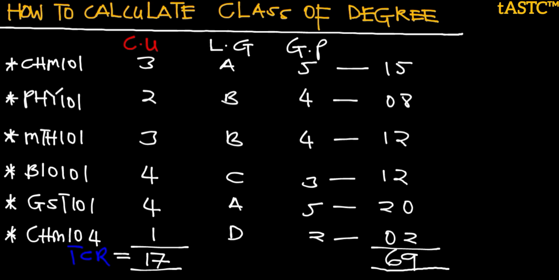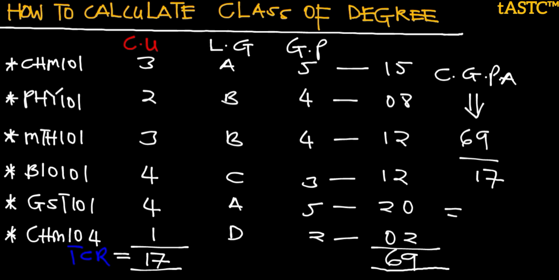Now, in order to find out what is going to be the CGPA, the CGPA will be 69, the total of this, divided by the total credits registered, which is actually the 17. So that will be 69 divided by 17.